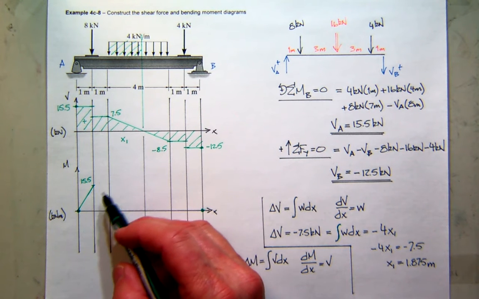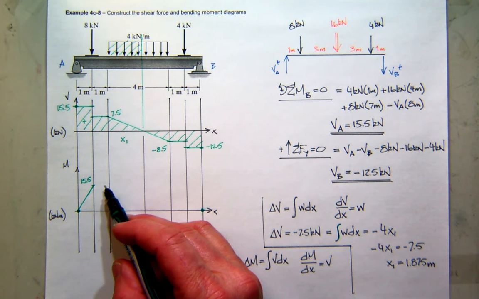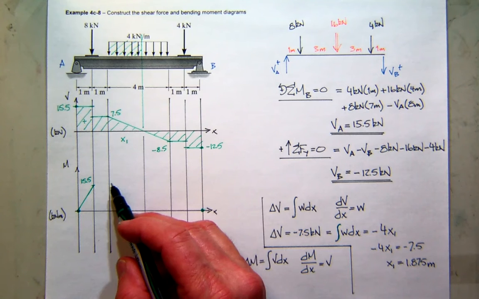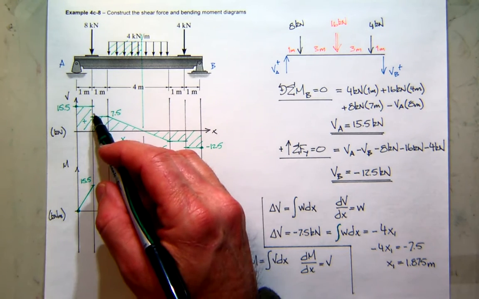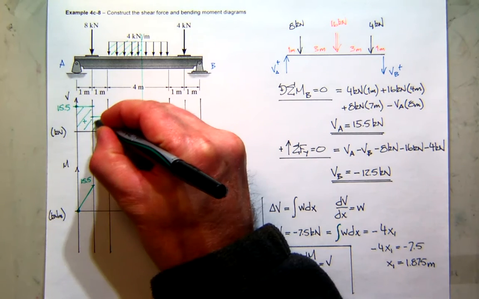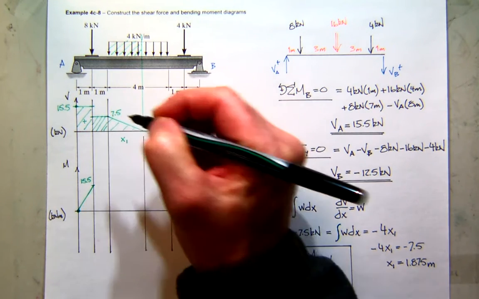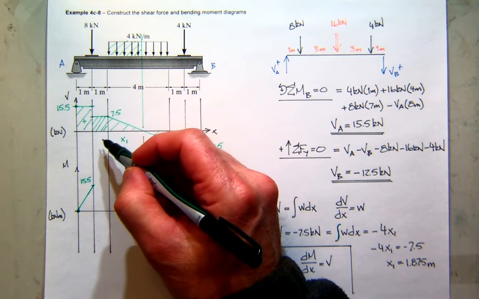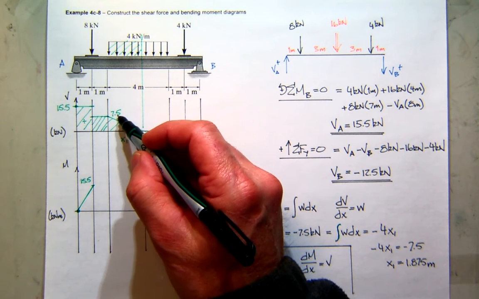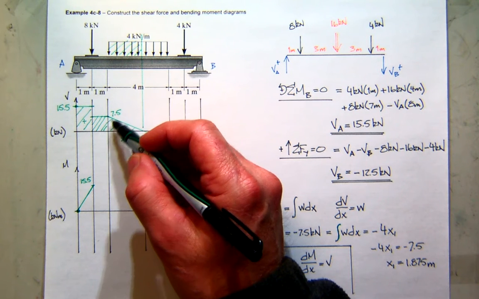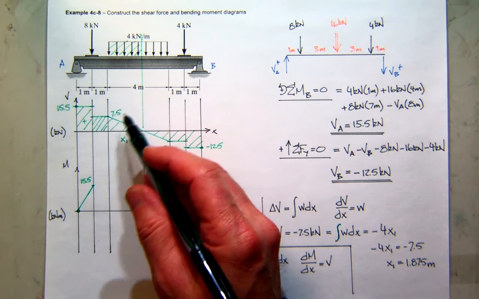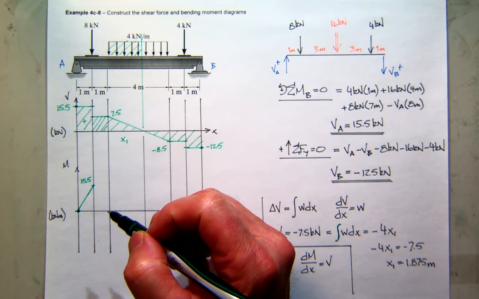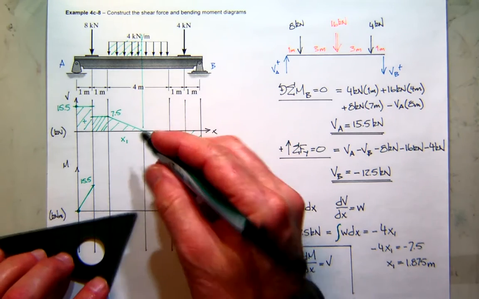Okay? So now the change in moment over the next 1 meter would be this area. I'll kind of double hatch that so you can see it. Just that little part of it. And that little part again is a rectangle, so it's base 1 meter, height of 7.5. So what's 15.5 plus 7.5? 23.